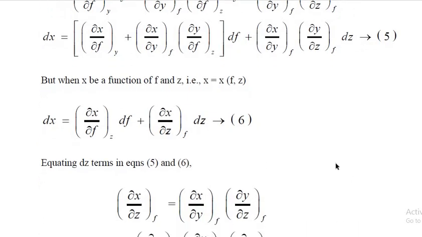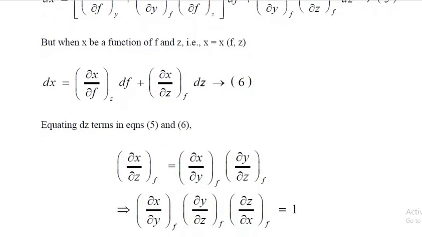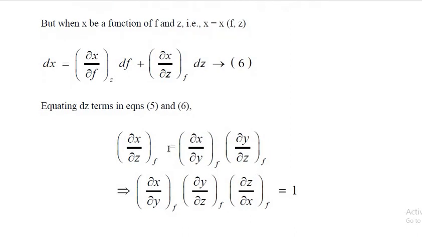Equating, we get ∂z/∂x at f is equal to ∂x/∂y at f into ∂y/∂z at f. So we are equating only dz terms. After equating, now bring everything towards one side.